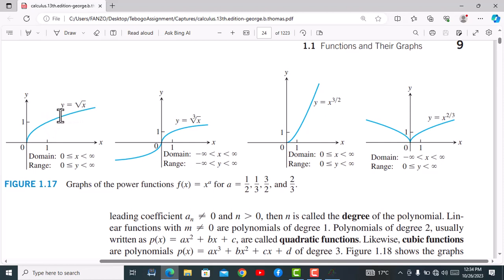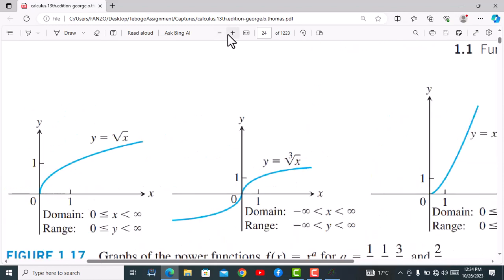So the values of y, the range, this is not heading towards negative infinity, but we are saying y should be greater than or equal to 0. This is good, and y should be less than infinity. The same with the domain. X should be greater than or equal to 0, positive x values, and x should be less than infinity.